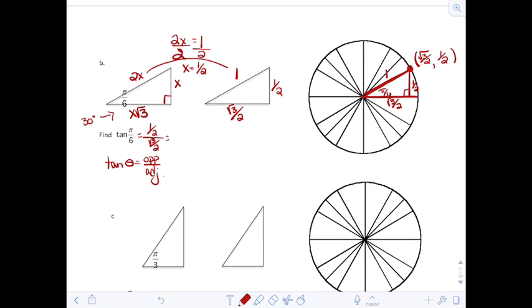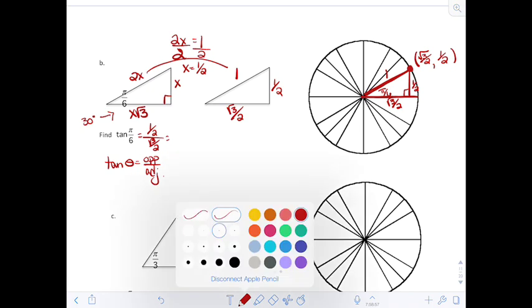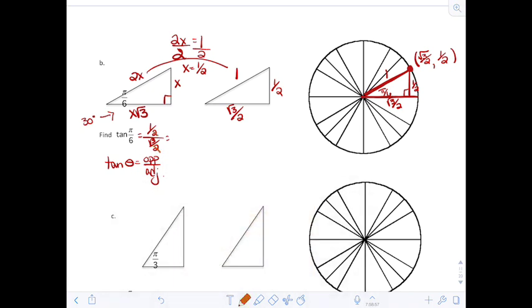That would be the same as multiplying by the reciprocal, in which case the 2's would cancel, and I would be left with 1 over the square root of 3, and I would have to rationalize that to be root 3 over 3. And that will always be the tangent of pi over 6, or 30 degrees.